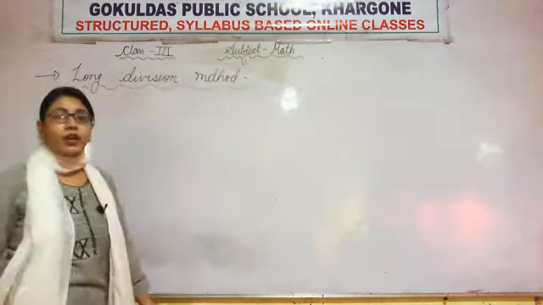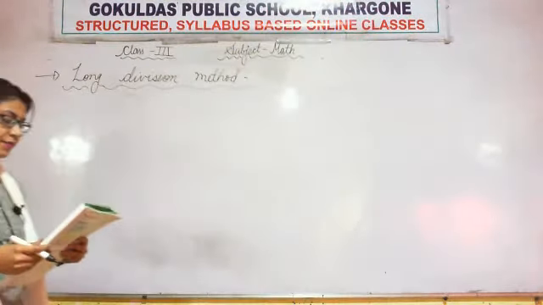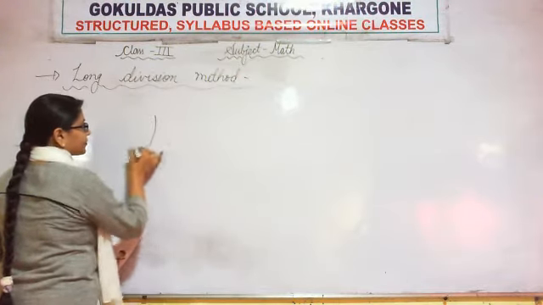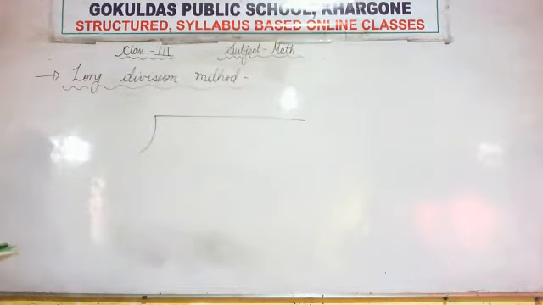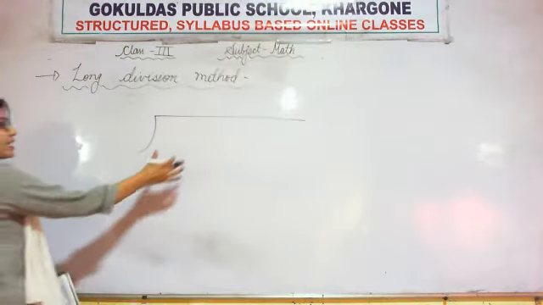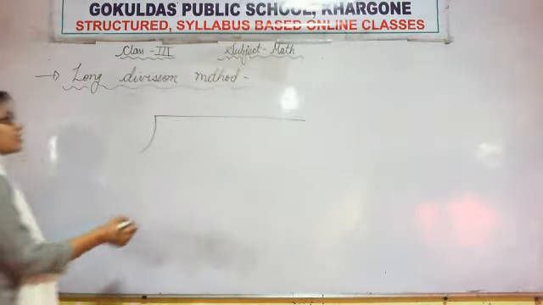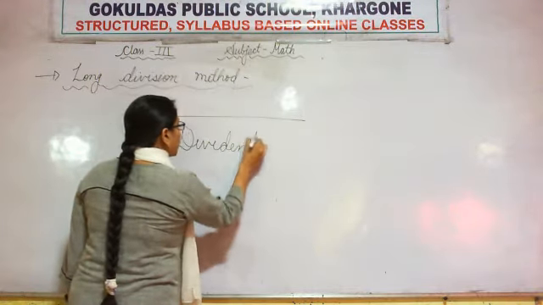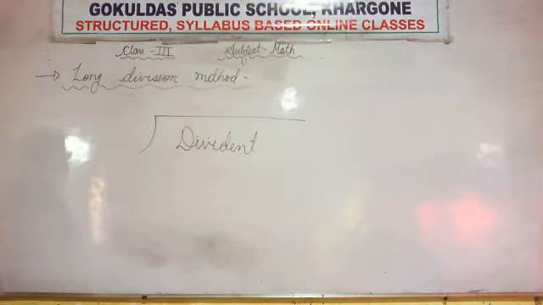Let's see what the long division method is and how to do it. So in the long division method, you will see something like this. Here in this place we will write our dividend. You know the terms used in division: dividend, divisor and quotient.